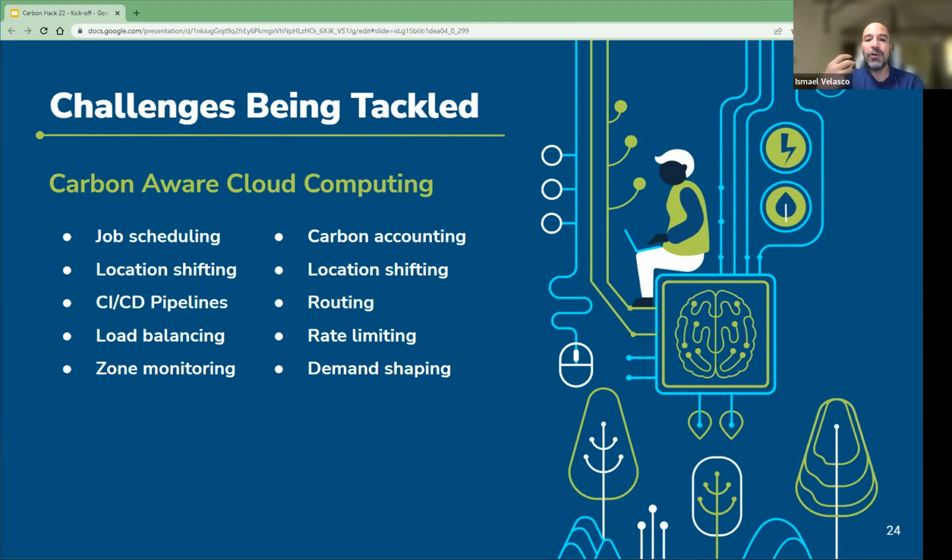Carbon accounting, routing, rate limiting, demand shaping. These are all the kinds of challenges being informed by green carbon aware innovation. Next slide, please.